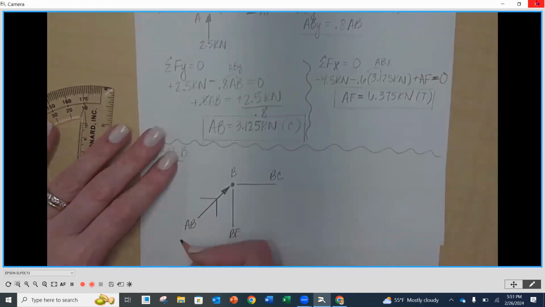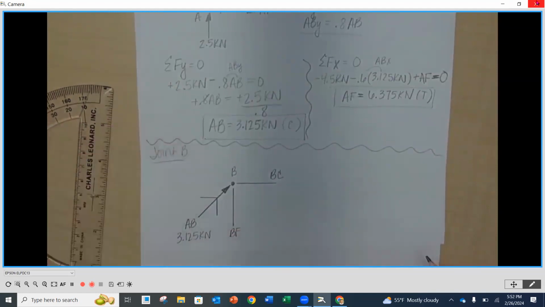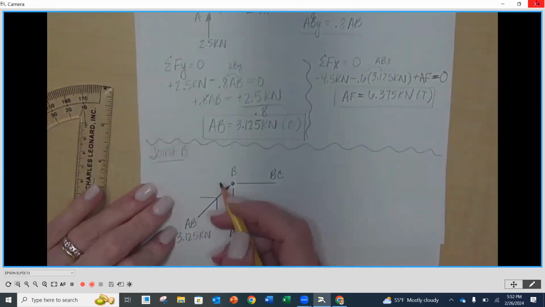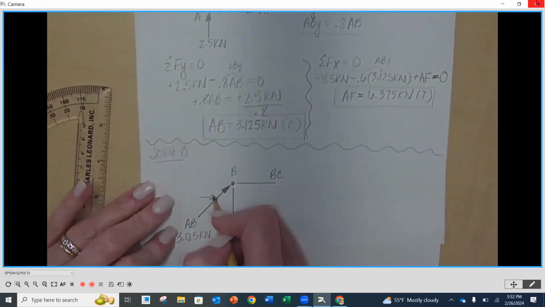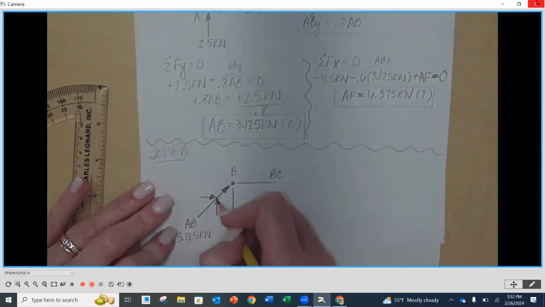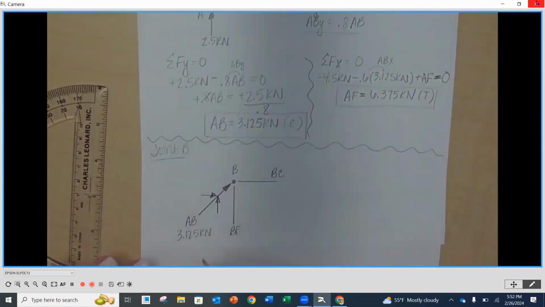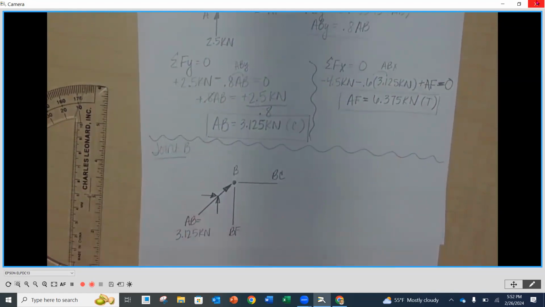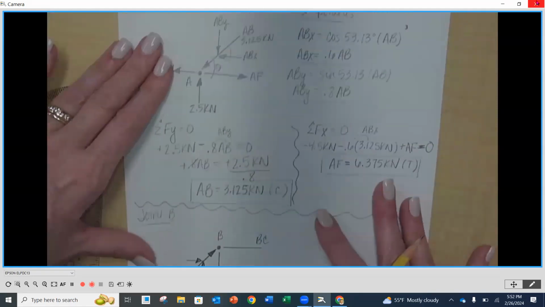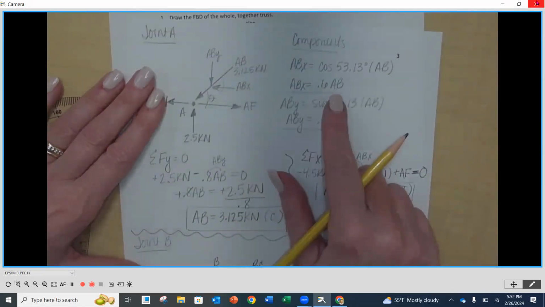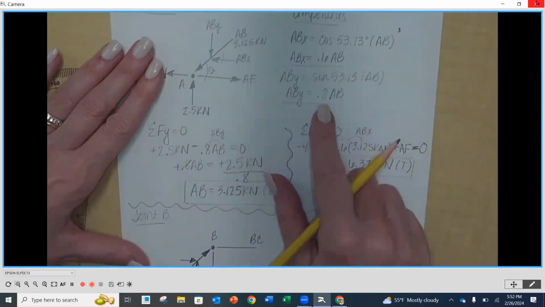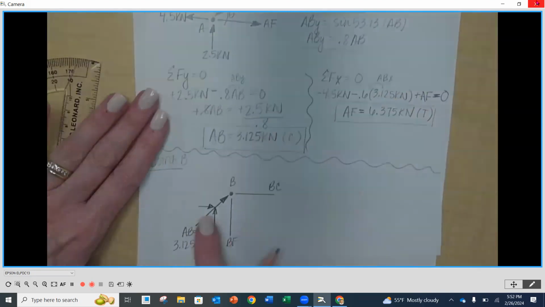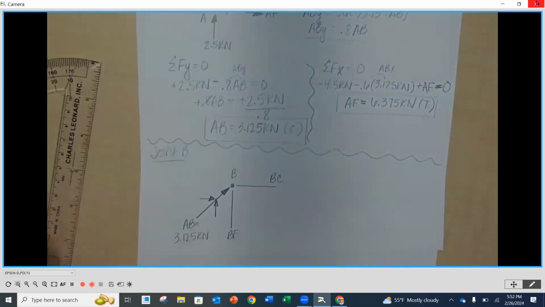Now, we know that AB is 3.125 kilonewtons, right? And if this is going up and to the right, ABX has to go to the right. ABY has to go up. Now, because we know the magnitude of AB, we can calculate the X and Y components directly, right? So we know that ABX is 0.6 times AB, and we know ABY is 0.8 times AB. So I'm going to put those numbers in each direction here.